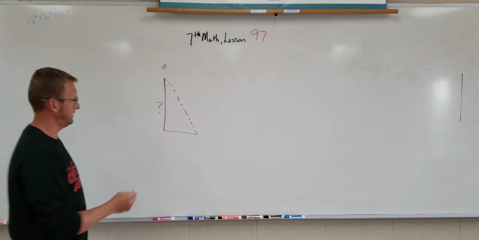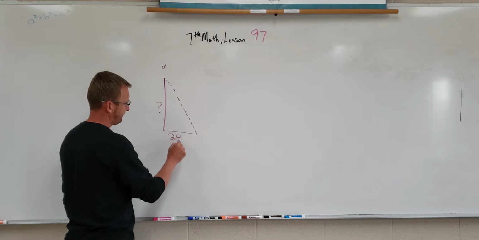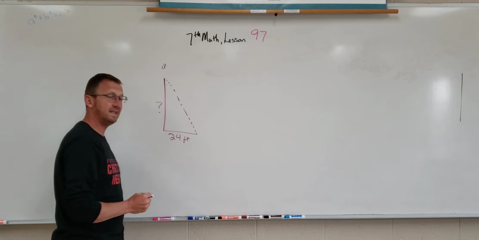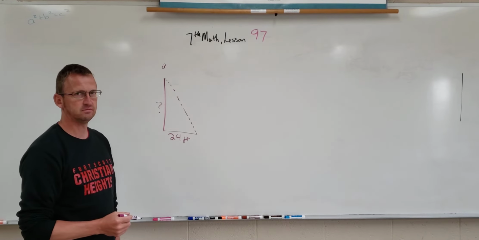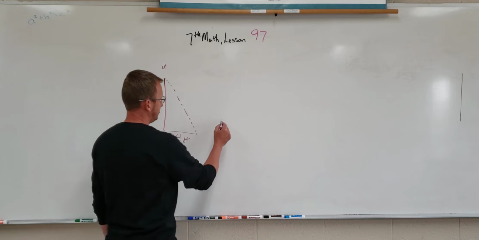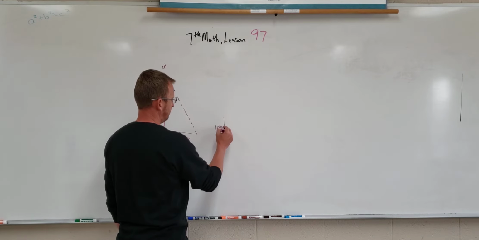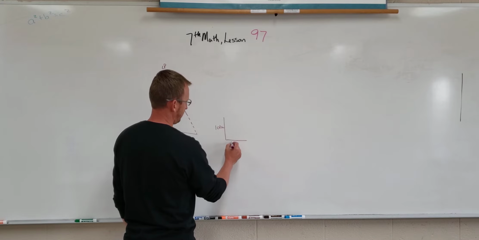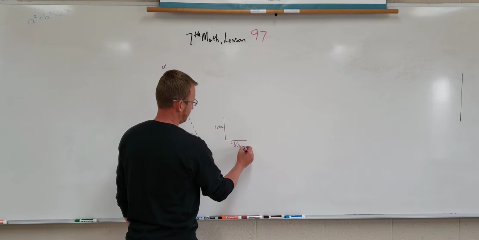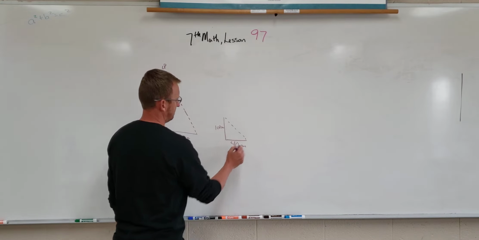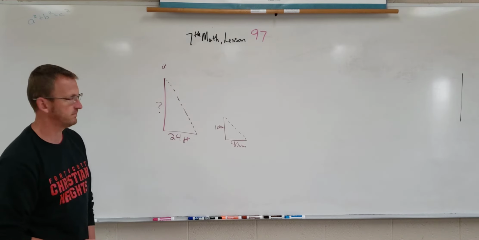So what they do is they measure the length of its shadow. And then they take a meter stick, which is 100 centimeters. They measure its shadow at 40 centimeters. So we know what we're trying to find.